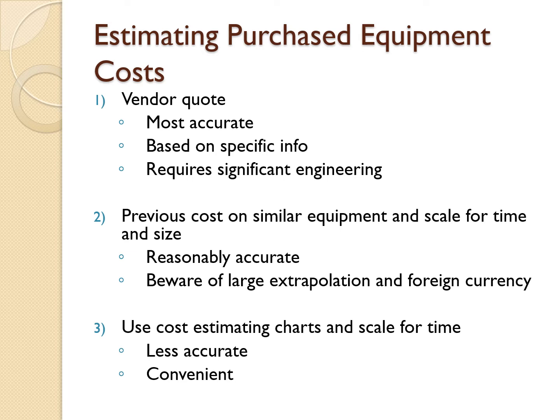That means based on previous equipment that was used in another company. Say that equipment in 2003 cost 500. We use that equipment cost as a basis, and we scale up for time and size for our equipment. Next is to use cost estimating charts and scale for time.